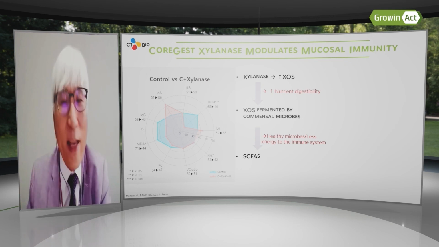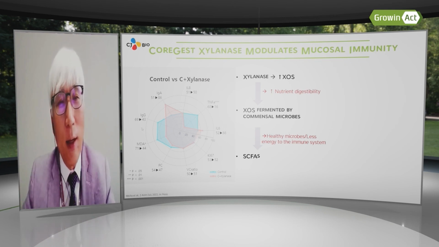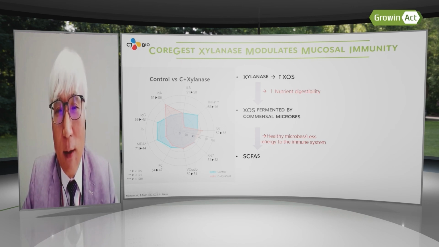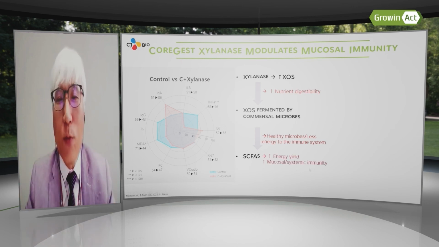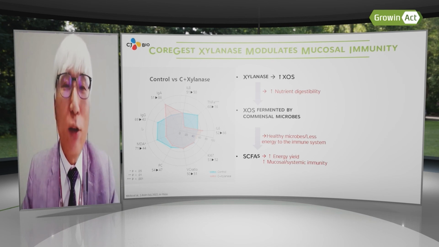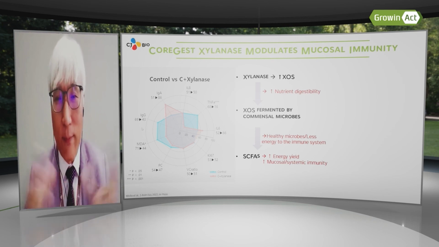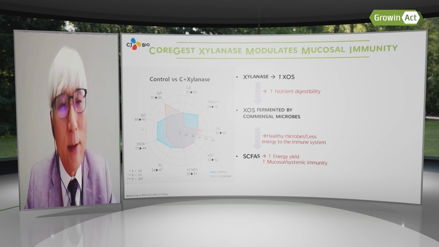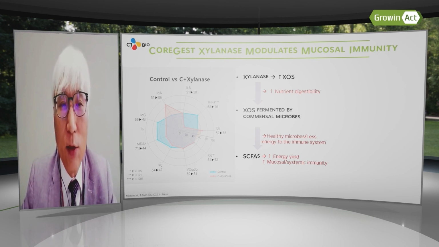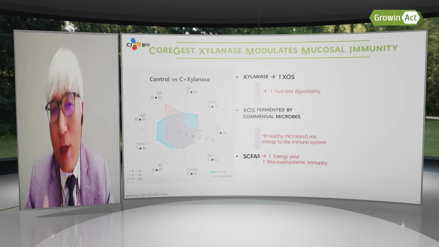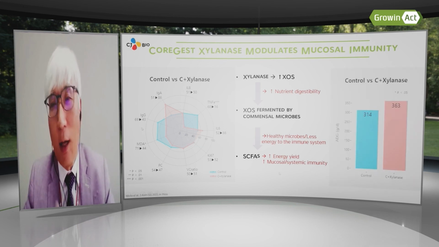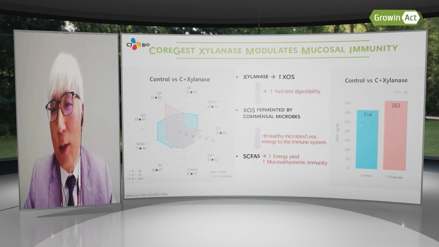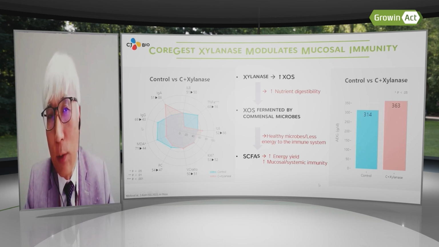Therefore, we partition less energy to the immune system, as you can see here. And by producing more short chain fatty acid, we increase the energy contribution from the same diet, but also increase mucosal and systemic immunity. By doing so, we found a significant increase in growth performance of these animals.